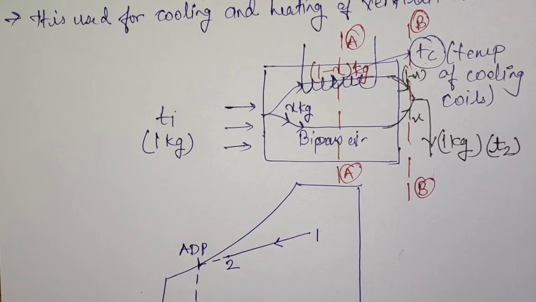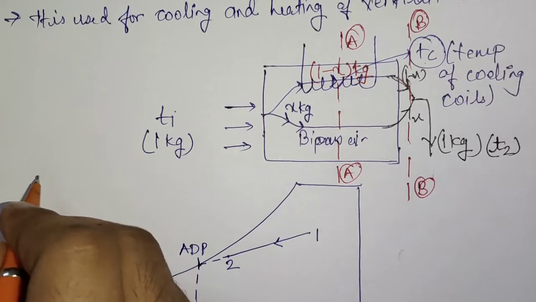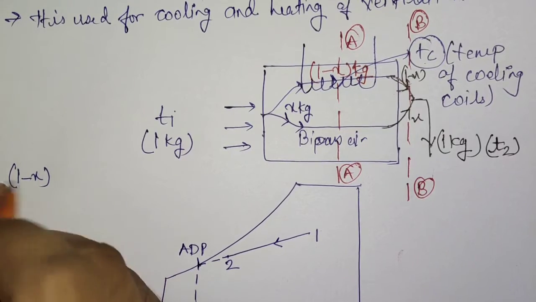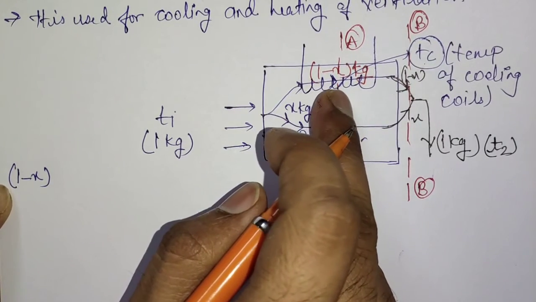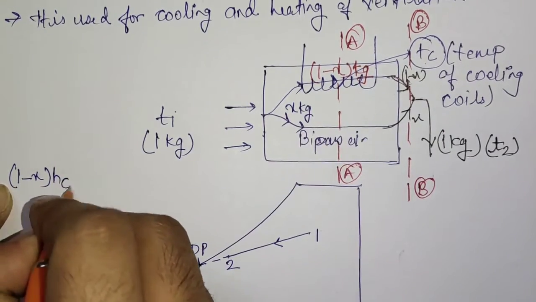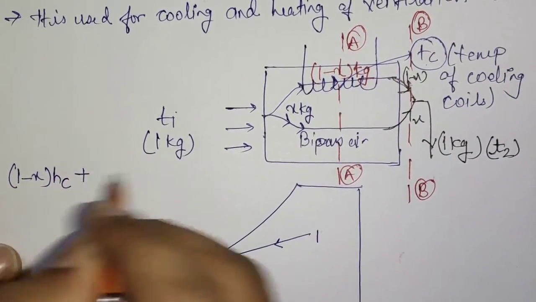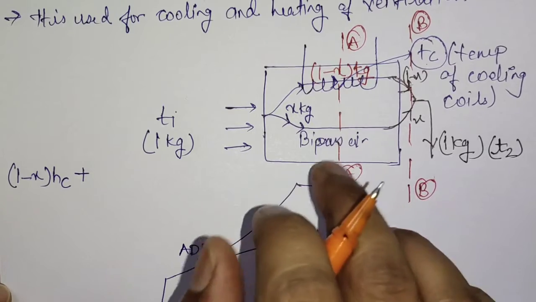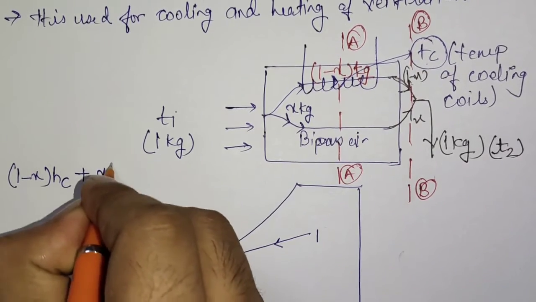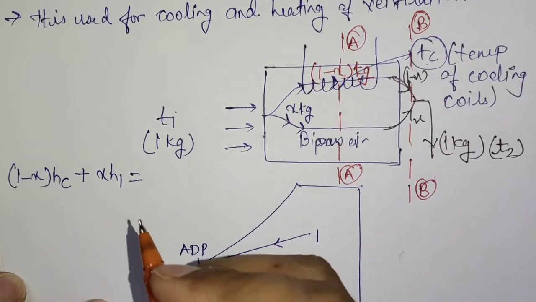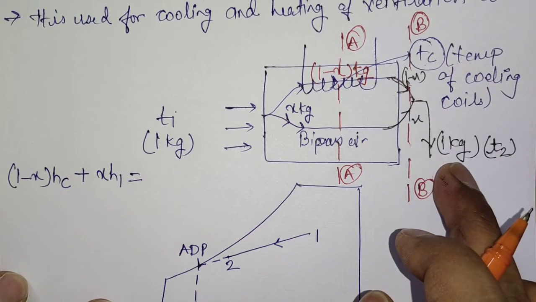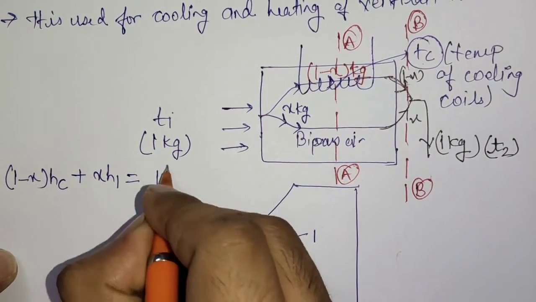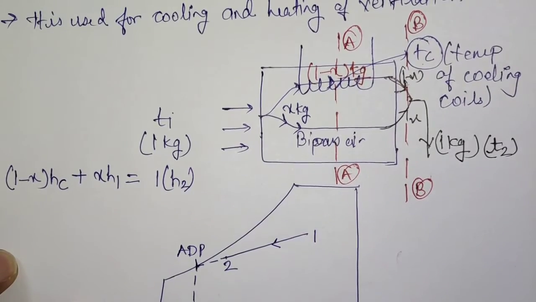Writing the energy balance equation for the two sections, 1 minus x kg of air that is coming in contact with the coil will come out at temperature Tc, and its enthalpy will be represented by Hc, while x kg of the air that has not come in contact with the cooling coil will be at the initial temperature T1, and its enthalpy will remain H1. This should equal the enthalpy of the complete air after mixing, that is, 1 kg of air with enthalpy H2, since it is at temperature T2.